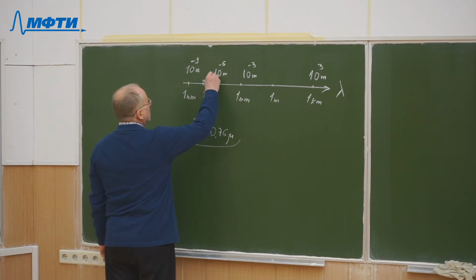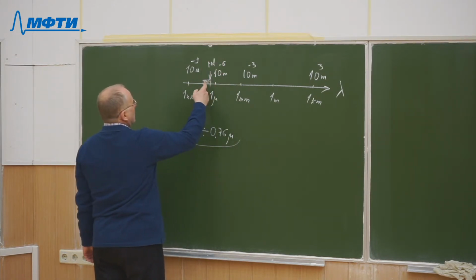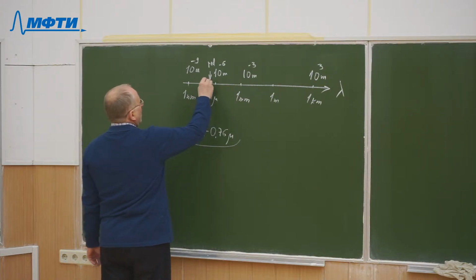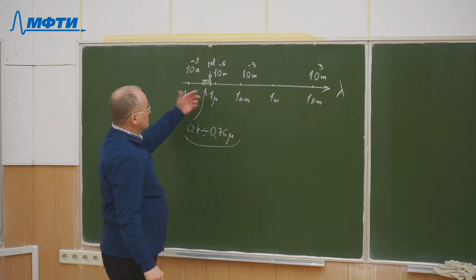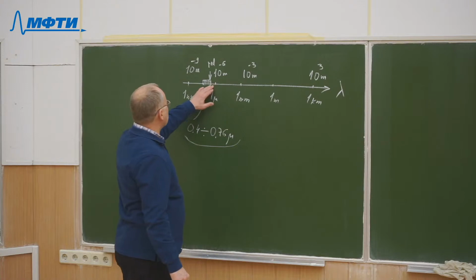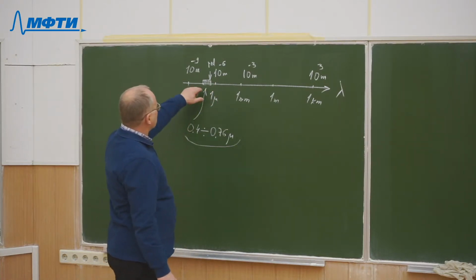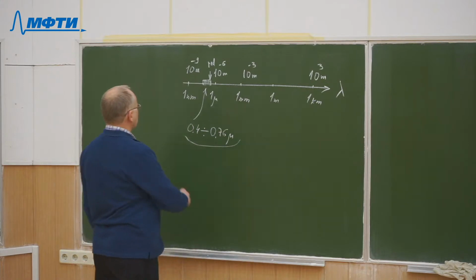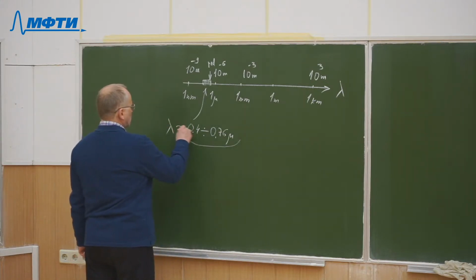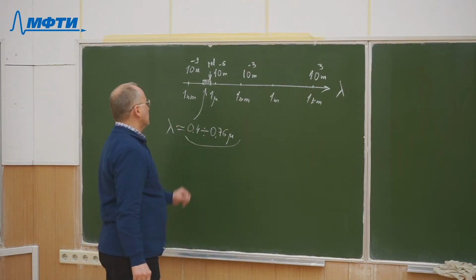We perceive this radiation as a red line, and then goes yellow, green, and blue, and dark blue, and violet radiation, and this is ultraviolet radiation on this side. So light radiation is like radio waves, electromagnetic waves with such small wavelengths. So these are the wavelengths for visible light.